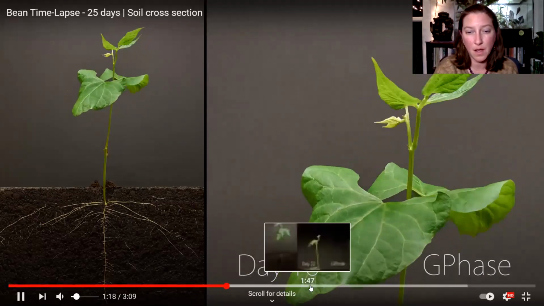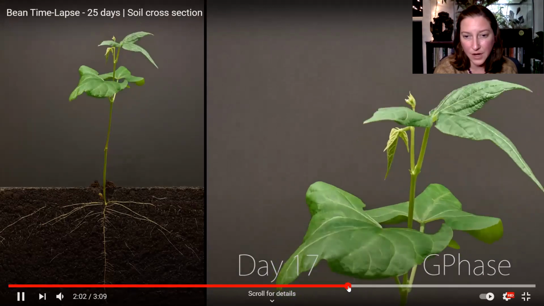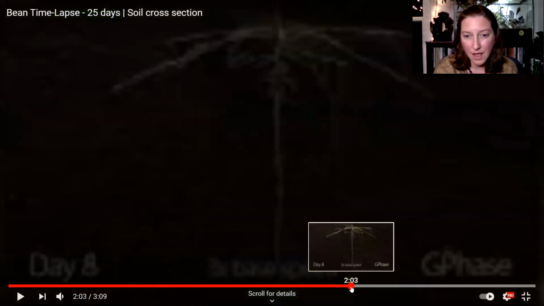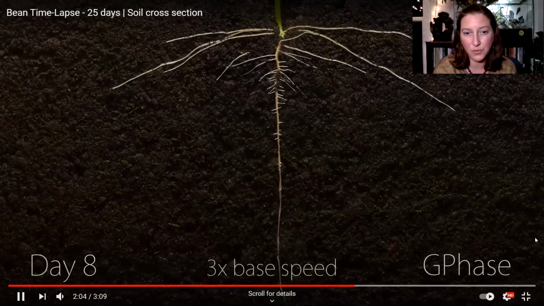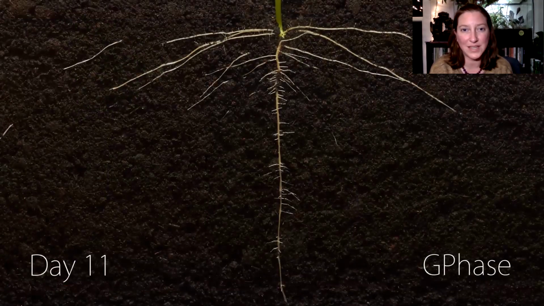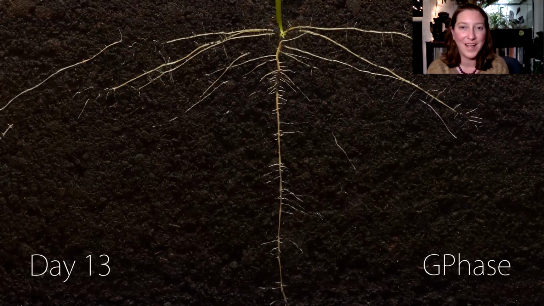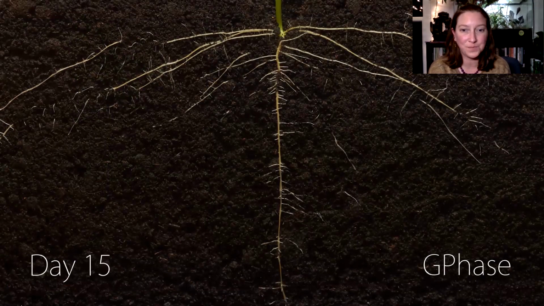Later in this part, they actually focus just on the root, where they speed it up a little bit more, so you can see even more dramatically how crazy it grows.